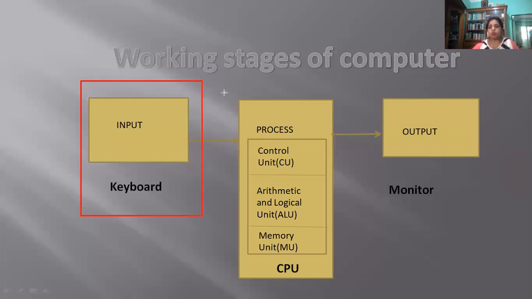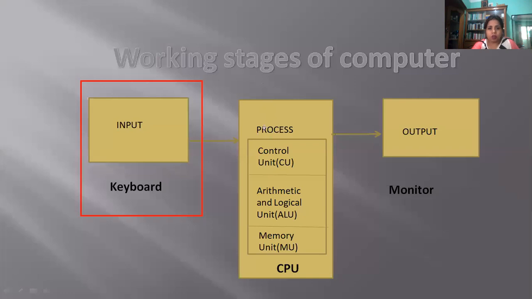When the input is received by computer, then it is sent to processing unit. And the processing work is done by CPU. CPU is the standard example of processing unit or process. And CPU is divided into 3 different units according to their work. Control unit, arithmetic and logic unit, and memory unit. In short, we call it as CU, ALU, and MU.